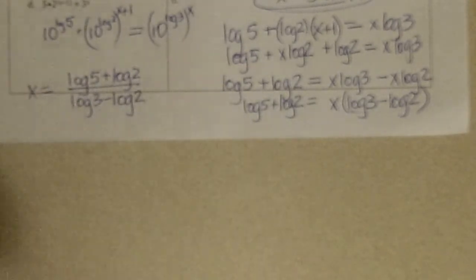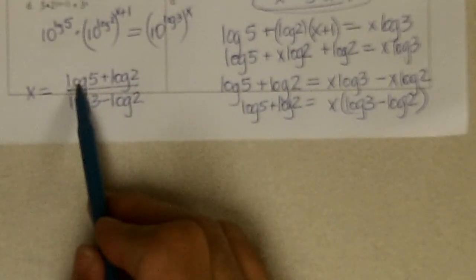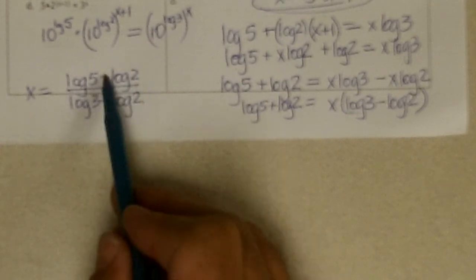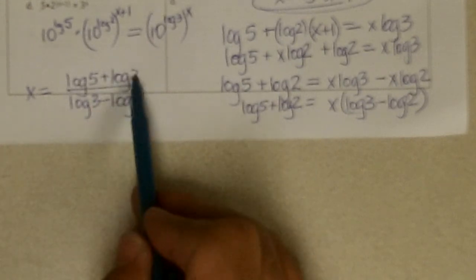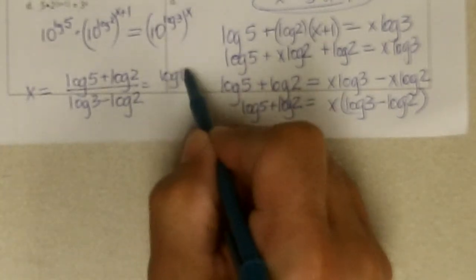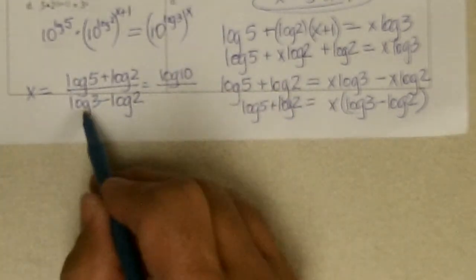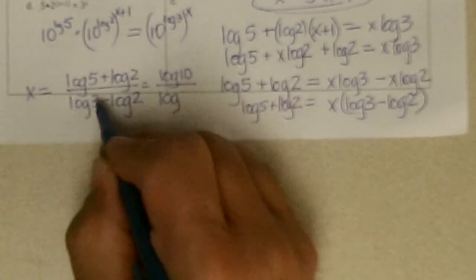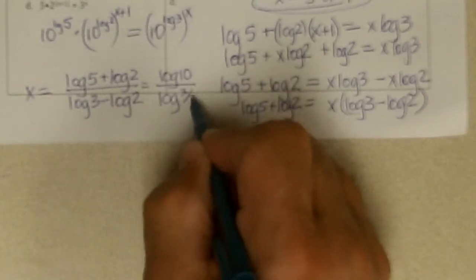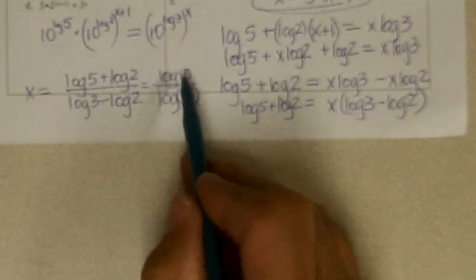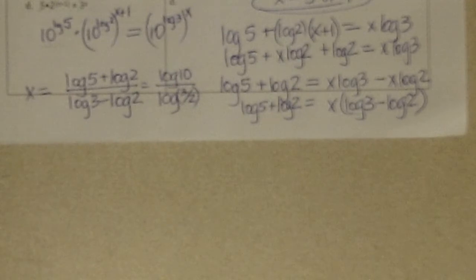But that can be simplified. Log of 5 plus the log of 2, since it's adding, we can turn it into multiplying, so that would be log of 10, and this is minus, so we divide, so that'd be the log of 3 divided by 2, and the log of 10 is 1.